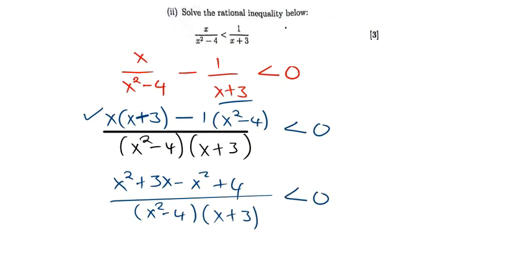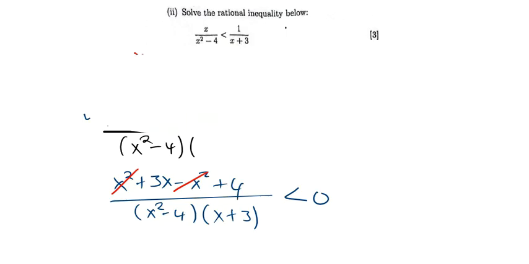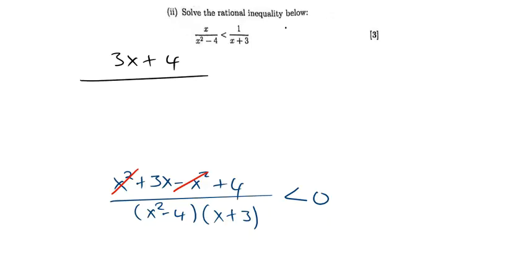Any like terms, this and that can subtract, and then essentially what remains on top will just be 3x plus 4 divided by x squared minus 4, and then our x plus 3. This is less than 0.